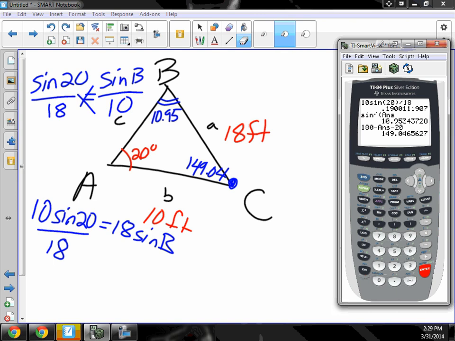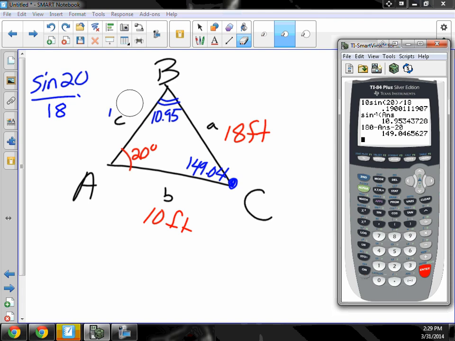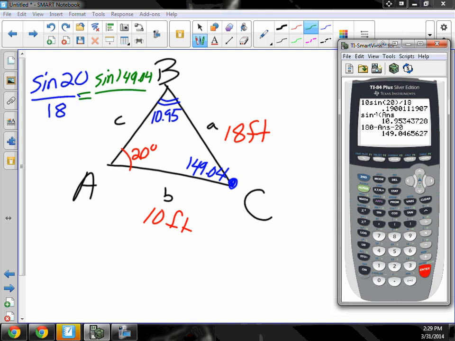How am I going to do that? So I'm going to go up to my original problem and replace the b's with c's. The sine of 149.04 over c.